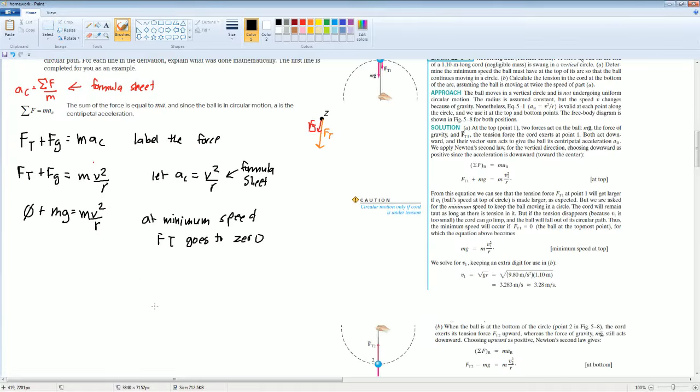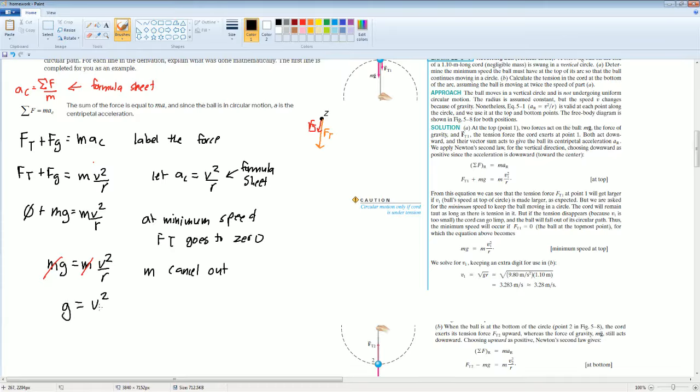So you have mg is equal to m v squared over r. The m's cancel out, and you have g equals v squared over r.